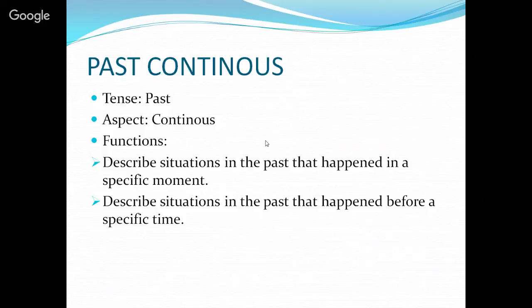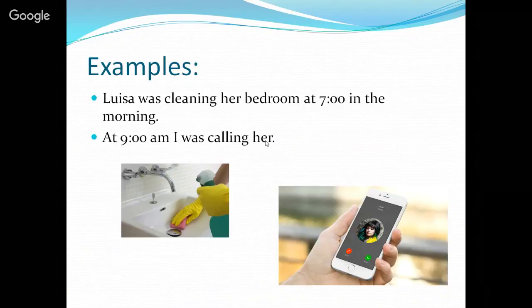The past continuous. My tense is past and aspect is continuous. Function: I can describe a situation in the past that happened at a specific moment. This tense describes situations in the past that happened before a specific time. Some examples are, Luisa was cleaning her bedroom at 7 o'clock in the morning.